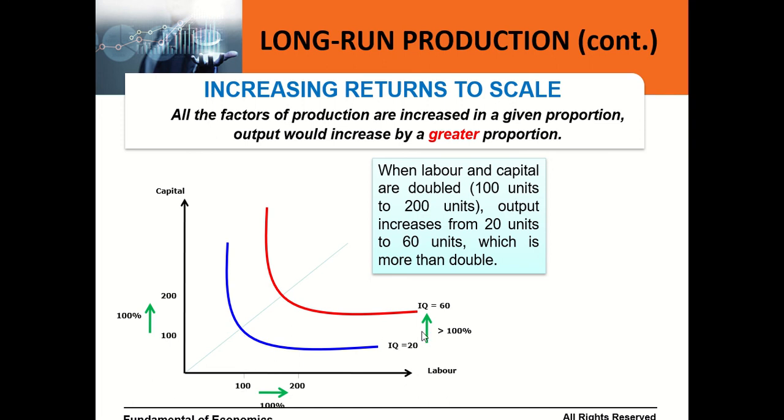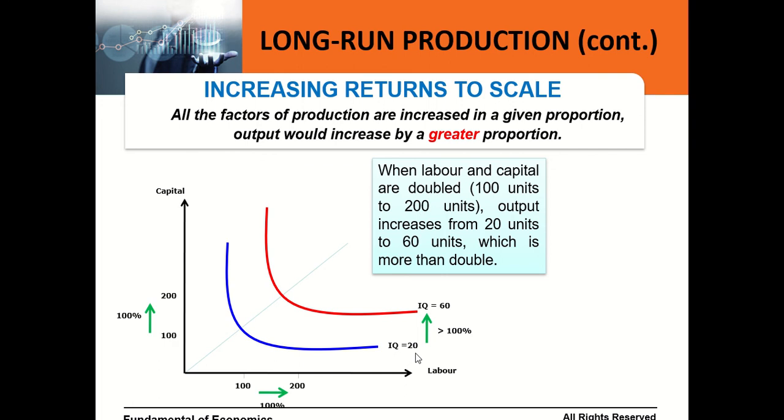Now let's say I double the input, from 100 to 200, and I also double the capital from 100 to 200. So double means a 100% increase. But here the output increased more than 100%, because the input increased by 100%, the capital increased by 100%, but the output increased more than 100%.